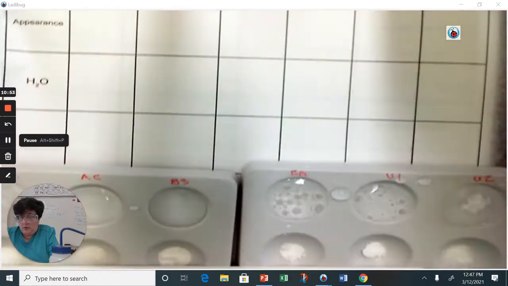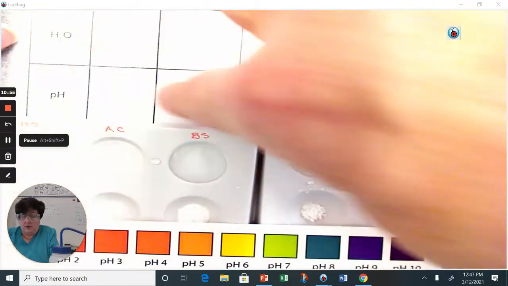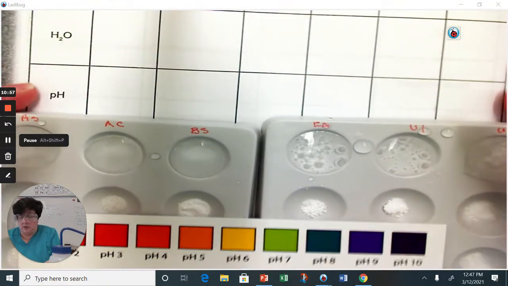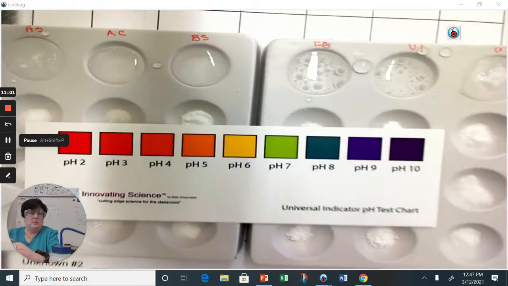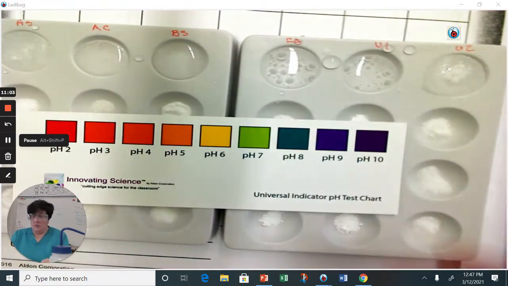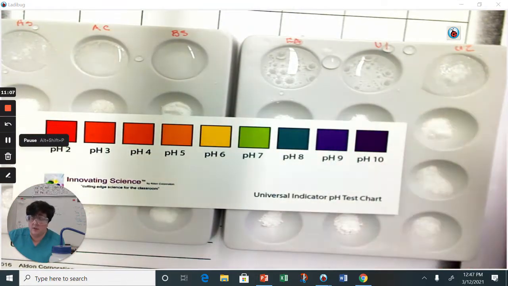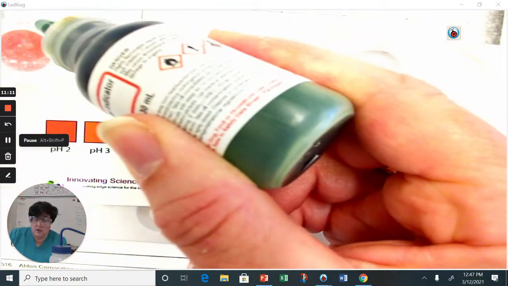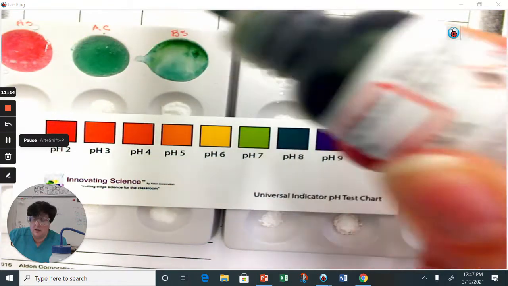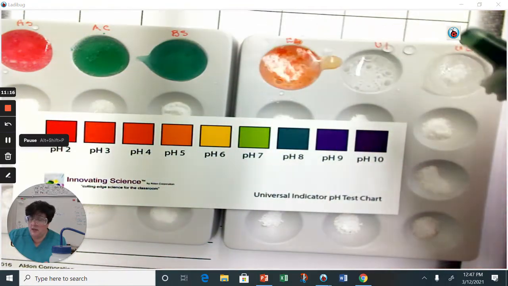You should now be filling in this as I do this experiment. I will take a drop of our universal indicator, which you used in the other experiment. I'm going to add a drop in, and you see the color, and then that'll register the pH.